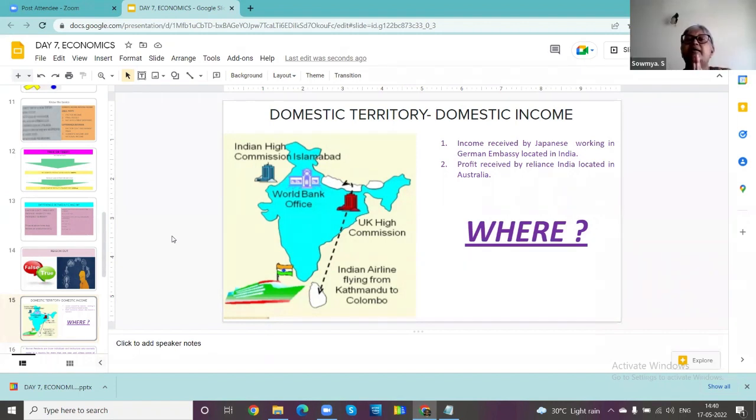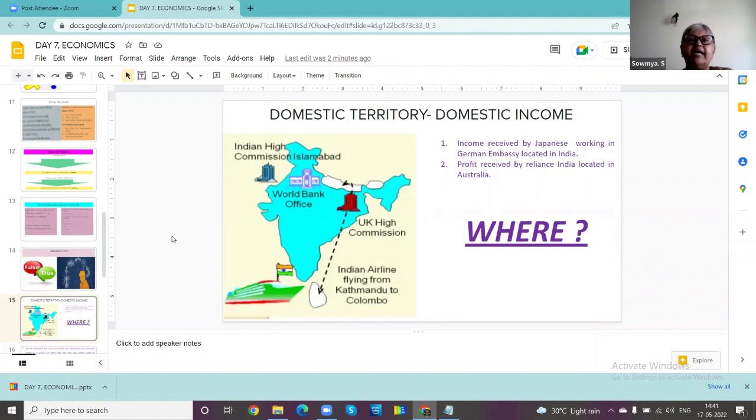So give them the meaning of domestic territory once more. There are quite a number of points that we teach them, items which will be included and which will not be included. So we will have to teach that again.